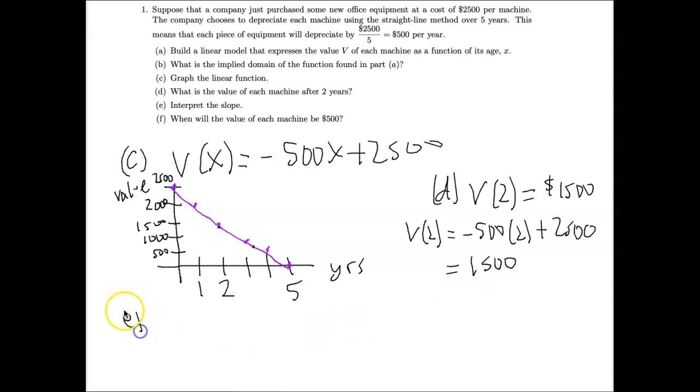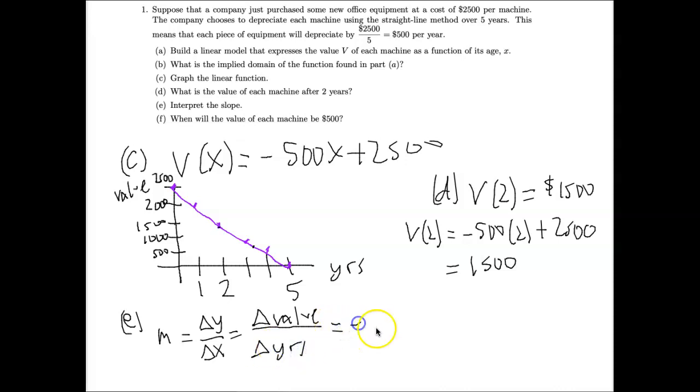Now for part E, we want to interpret the slope. And whenever I interpret the slope, I know my m is the change of y divided by the change of x. And you can even get it more specific to our problem. It's the change in value to the change in years. And we know that this is negative 500.